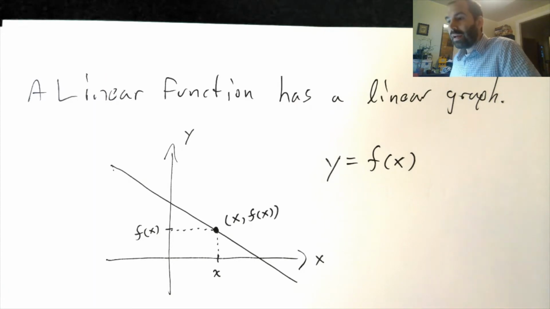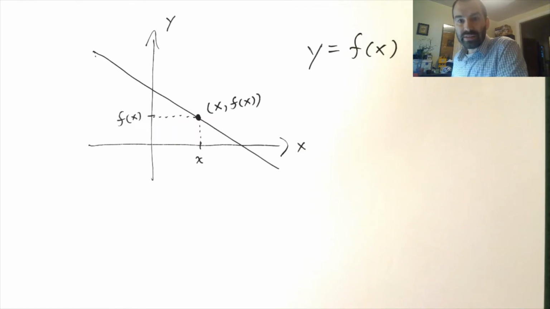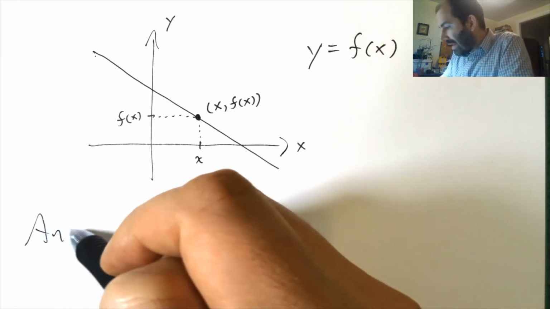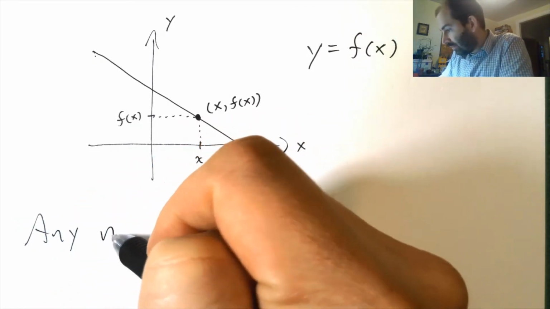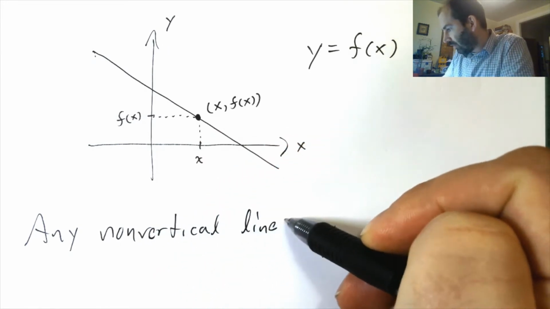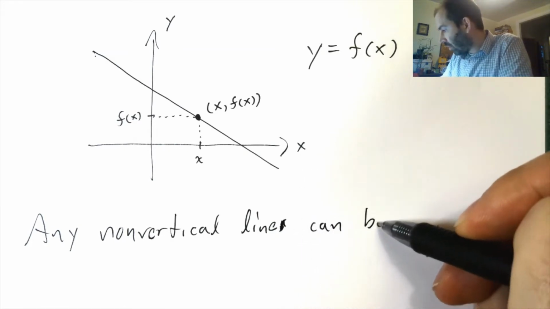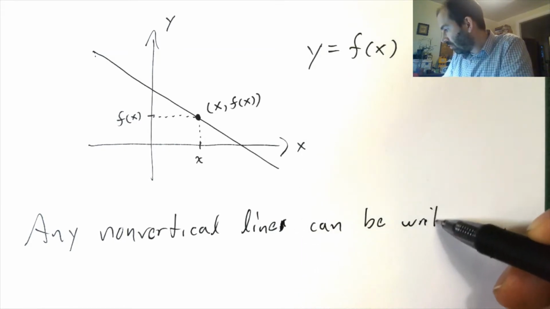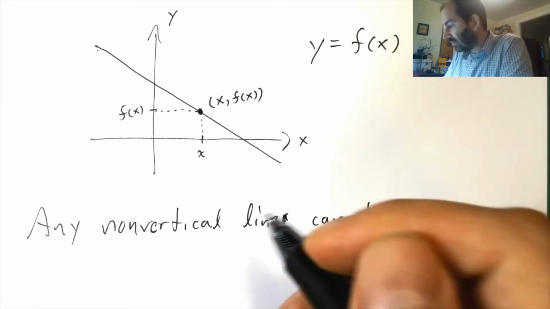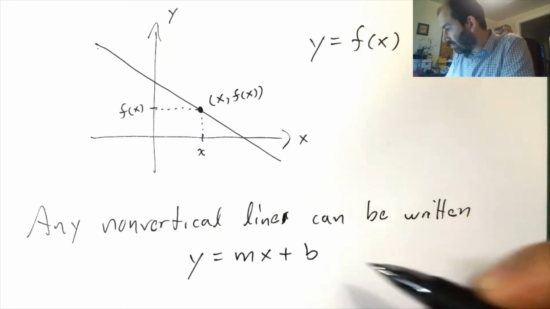Okay? So remember what we know about lines, right? Any non-vertical line, vertical lines are a little bit special, any non-vertical line can be written as y equals mx plus b.